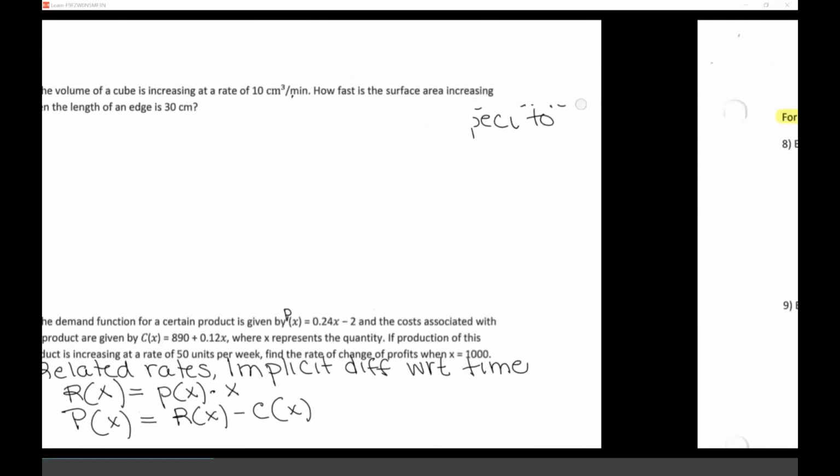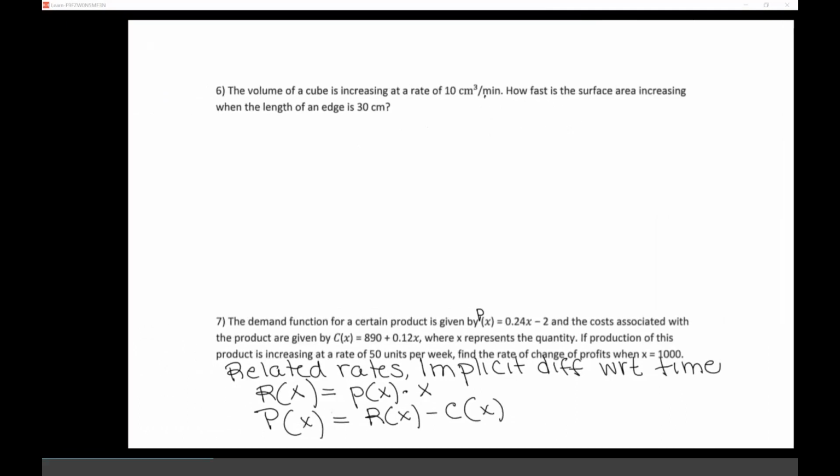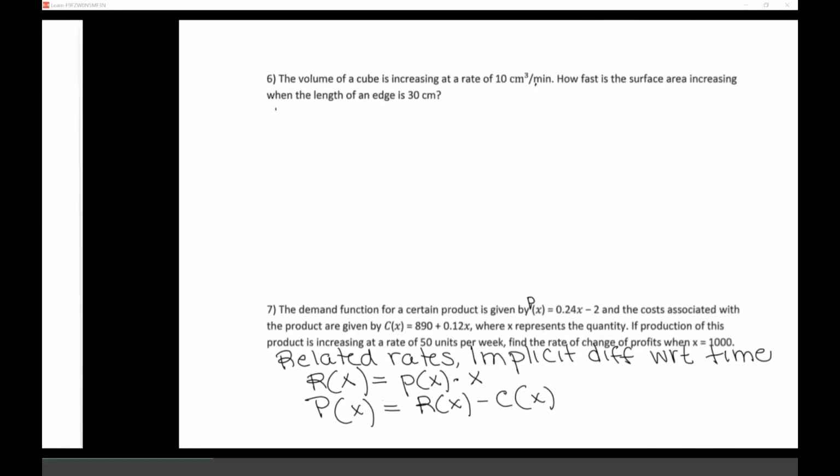Okay, so these are implicit differentiation problems. Okay, and they say, okay, got a cube and it's growing. Okay, the volume is expanding. Okay, so imagine I have this cube. Okay. And they're saying its volume is increasing at a rate of 10 cubic centimeters a minute.